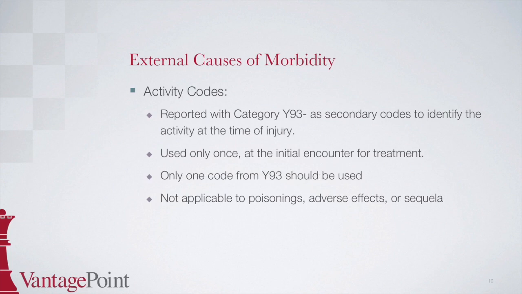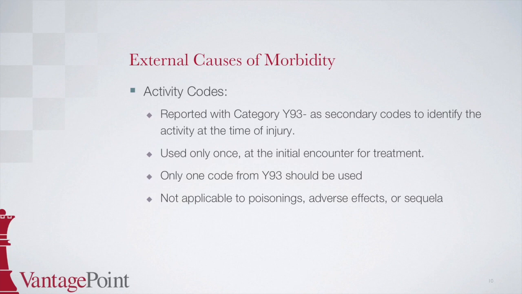If applicable, you would assign a code from category Y93 for activity code in addition to the code for the external cause of injury to describe the activity of the patient at the time the injury or other health condition occurred. A code from category Y93 is appropriate for use with external cause and intent codes if identifying the activity provides additional information about the event.